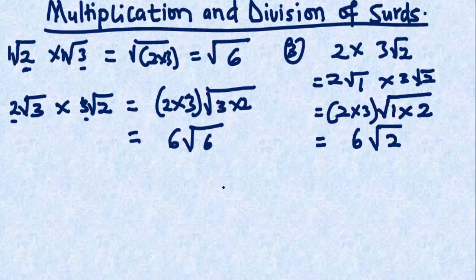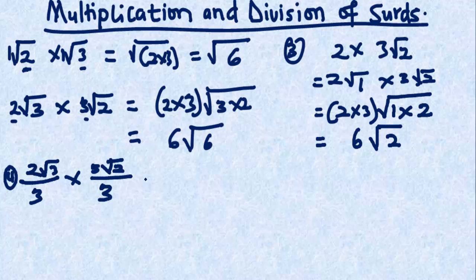So in multiplying surds, numbers outside the root will multiply, and the numbers inside the root will multiply inside the root. Having this technique in mind, now we can multiply surds like 2 root 3 all over 3 multiplied by 5 root 2 all over 3.